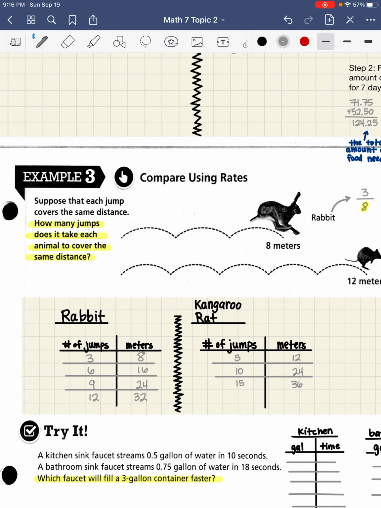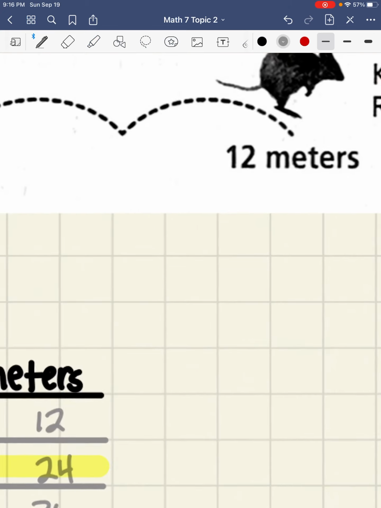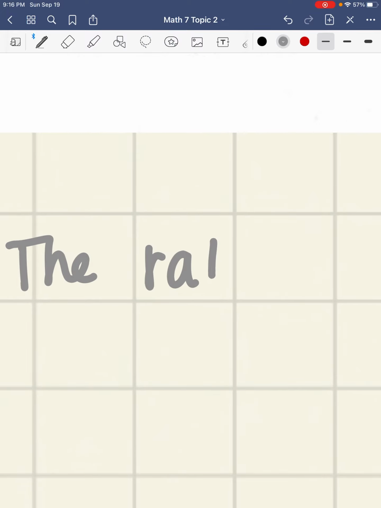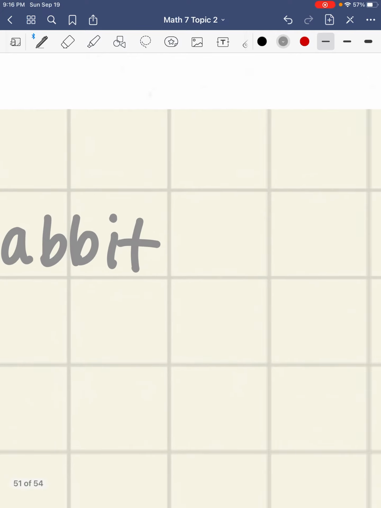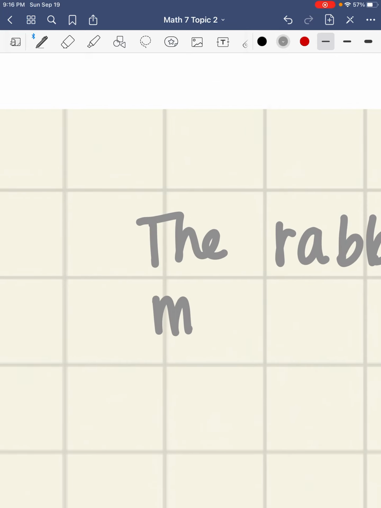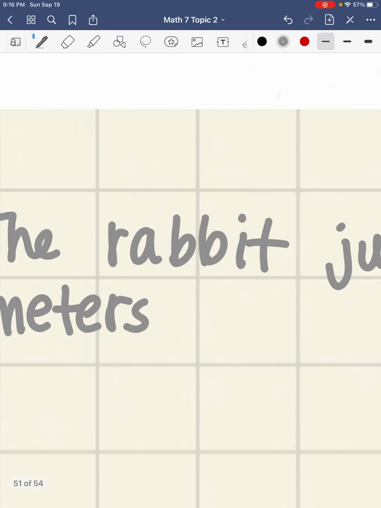But in my tables, do I have the same distance? I sure do. So right here for the rabbit, he goes 24 meters in 9 jumps, and the kangaroo rat goes 24 meters in 10 jumps. So the rabbit jumps 24 meters in 9 jumps.